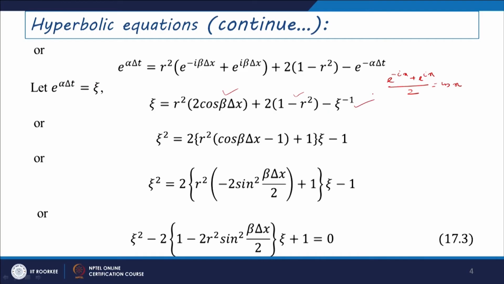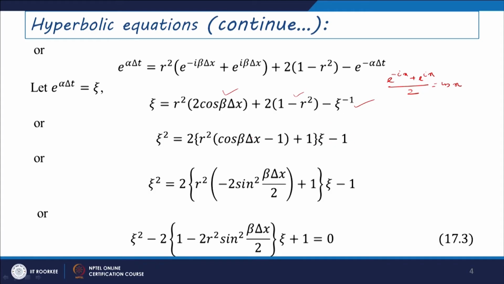If we multiply zeta on both sides, then we obtain zeta square equals 2 into r square, cos beta delta x minus 1 plus 1 into zeta minus 1.